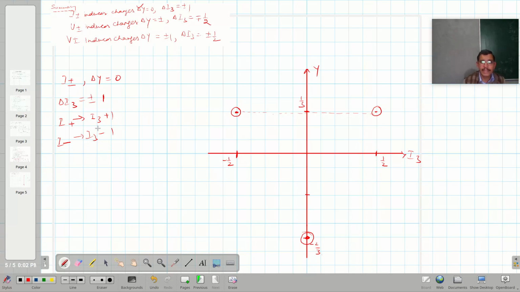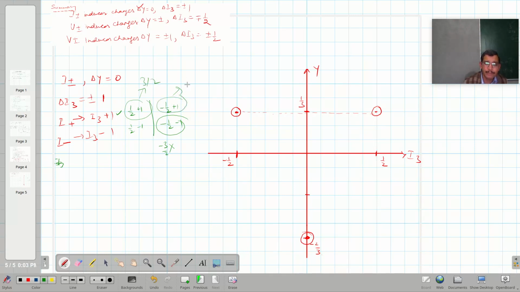So let us consider the values. I3 has two possible values: 1 by 2 plus 1 and 1 by 2 minus 1, and another is minus 1 by 2 plus 1 and minus 1 by 2 minus 1. So it gives minus 3 by 2, which will not happen, and it gives 3 by 2, this also will not happen.